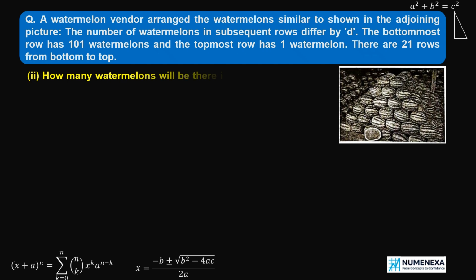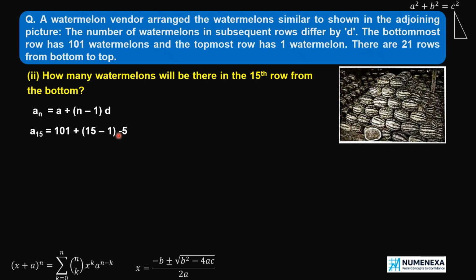The next question: how many watermelons will be there in the 15th row from the bottom? It is simply calculating the 15th term of the AP. As we know, the nth term of an AP is given as a + (n - 1)d. Here n will be 15.